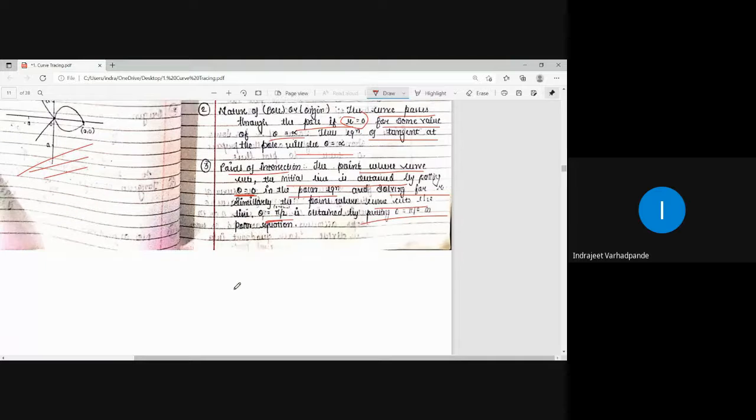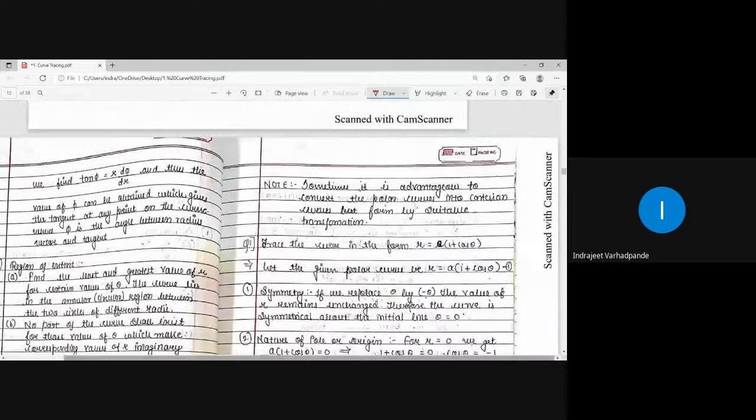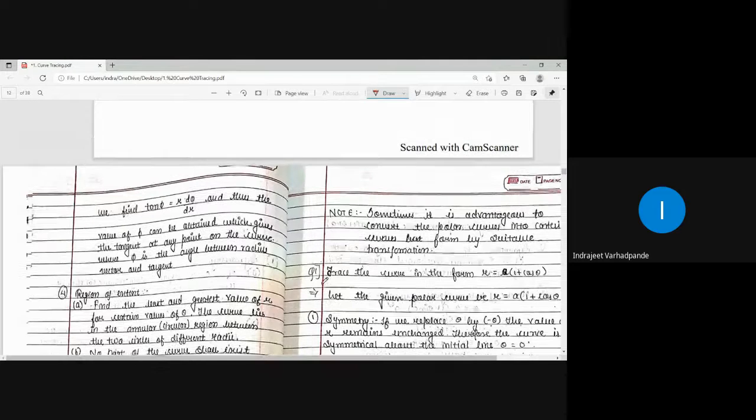So that is how the points of intersection are found. In the Cartesian coordinate system, we calculate the points of intersection by putting x is equal to 0 and trying to see what the value of y is. Here it is all dependent on theta. So theta plays the major role in getting the points of intersection.